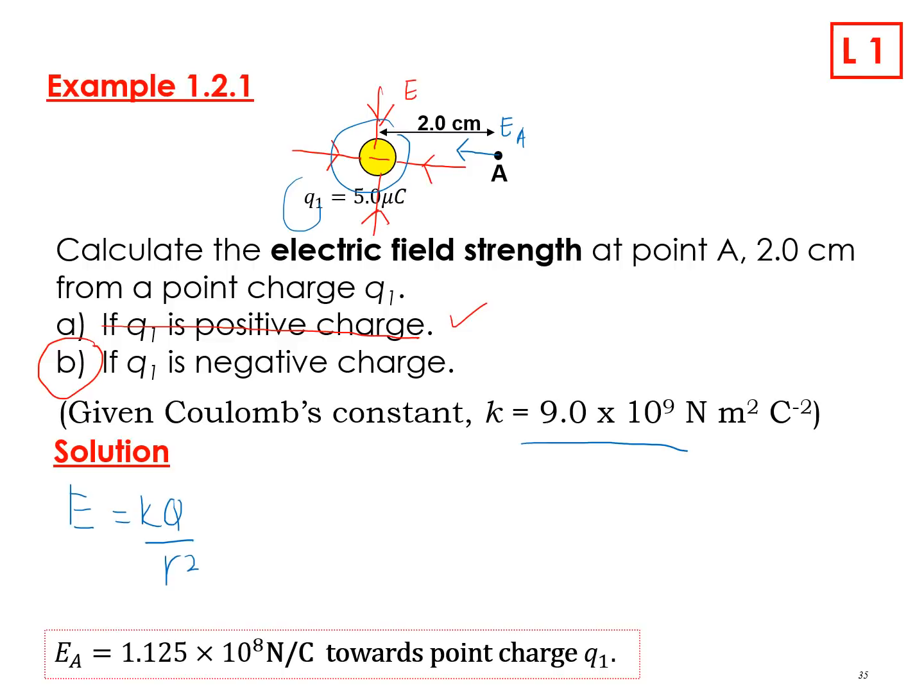Same as the previous one, because we don't change the magnitude of the point charge or the separation between point A and the point charge. We just change the charge from positive to negative. So the direction of the electric field at point A when the point charge is negative is towards point charge Q1.